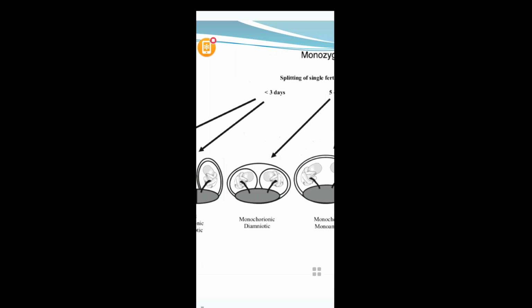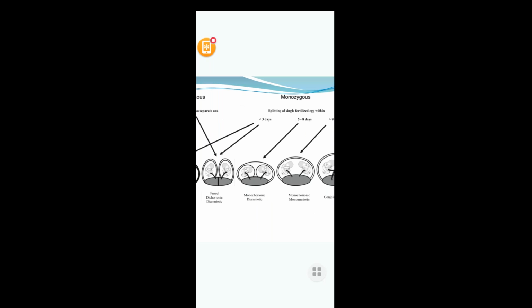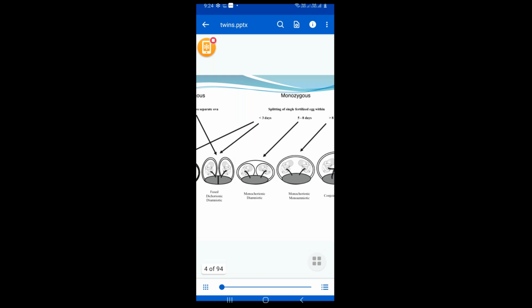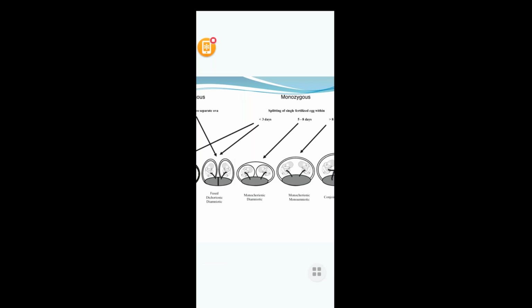When coming to monozygous, why do sometimes they have dichorionic diamniotic, sometimes monochorionic diamniotic? Because here we need to discuss chorionic and amniotic sacs and when they are formed. Chorionicity is placenta. The placenta starts forming within 3 days and gets completed by 6 to 8 weeks and takes over its function.